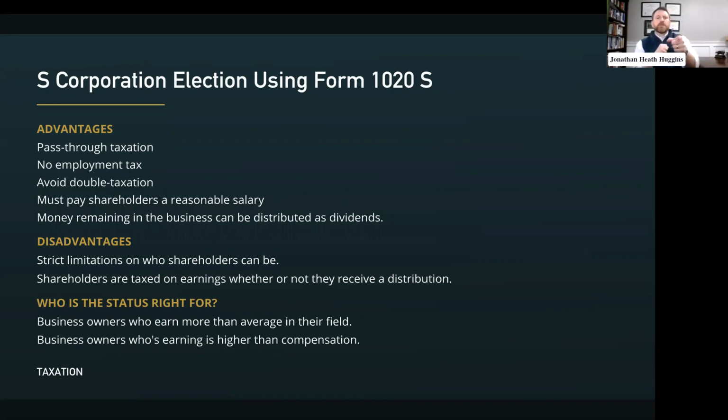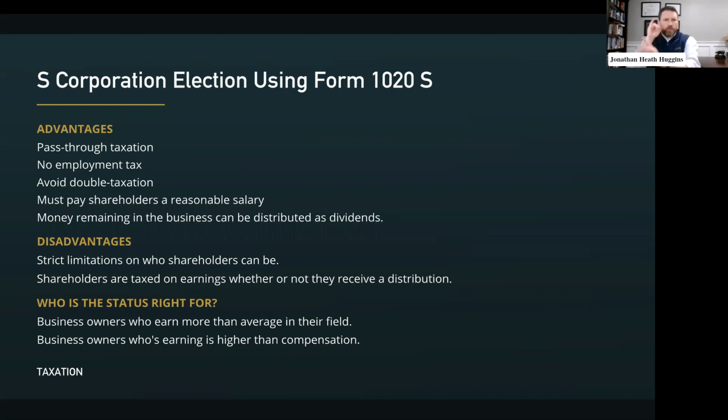Okay, are we all ready for me to cover some more? So, S corporation. A lot of you have probably already heard of that. It's technically a corporation, but as an LLC, you can elect to be treated as an S corp. The advantage is that it is pass-through taxation, just like in a regular LLC.